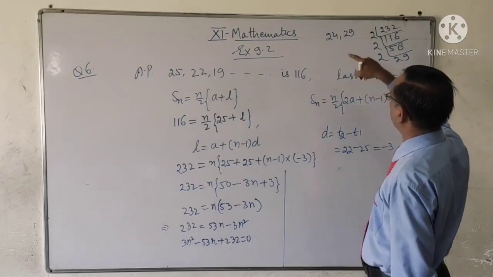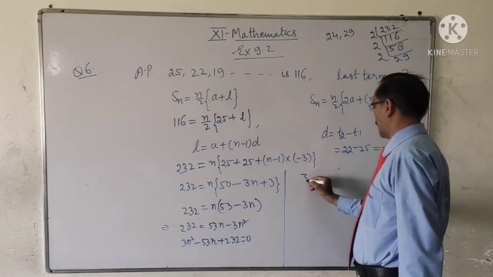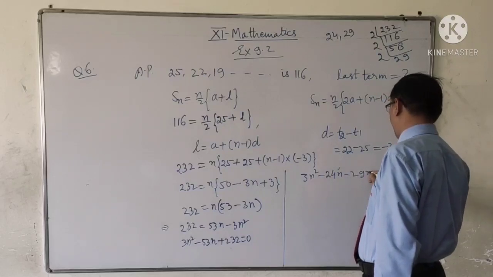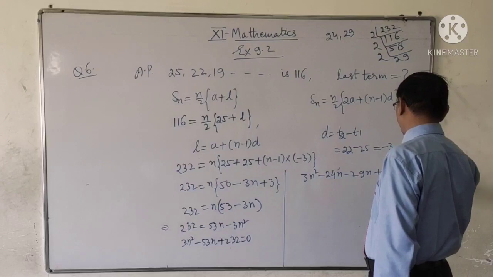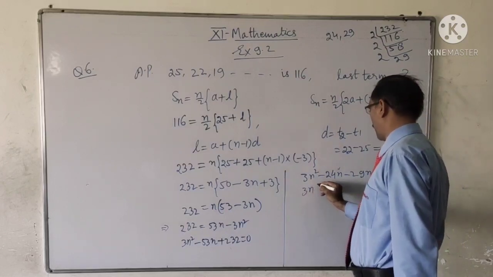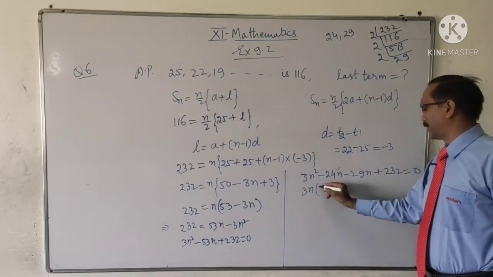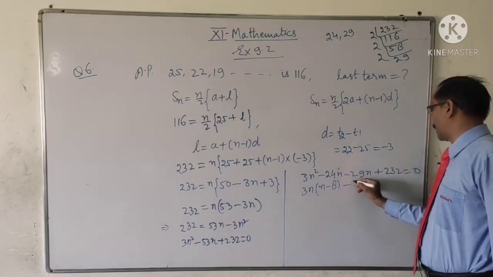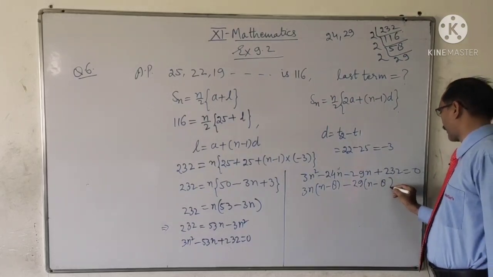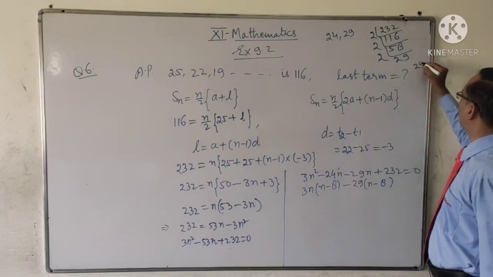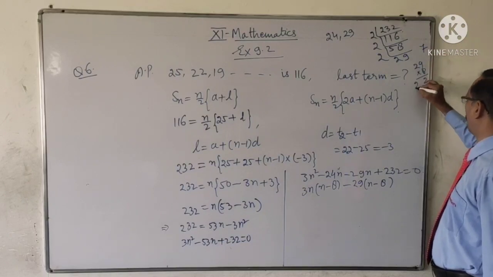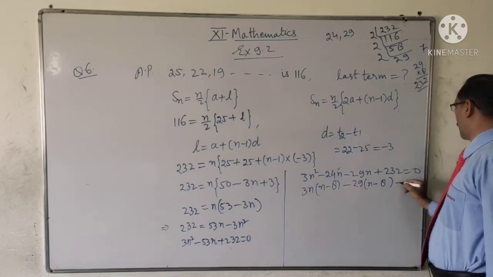So 53 is 24 plus 29. So the factors: 3n square minus 24n minus 29n plus 232 equal to 0. 3n common, n minus 8, minus 29 common, n minus 8.